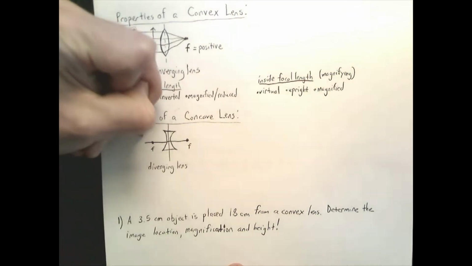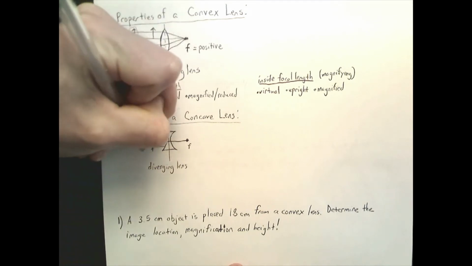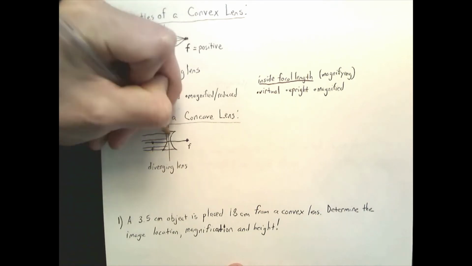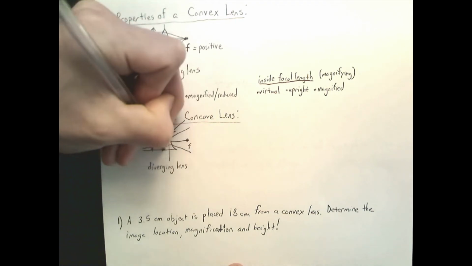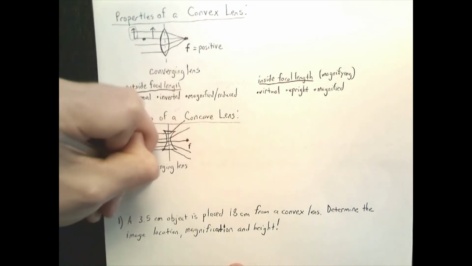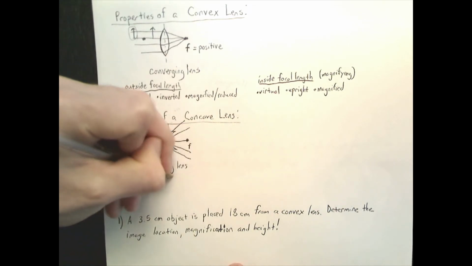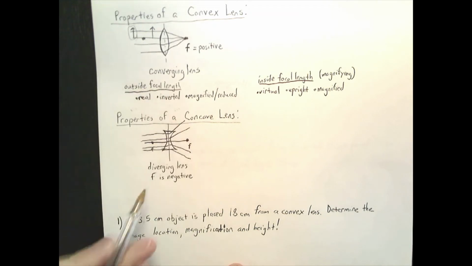The light rays still come in parallel, but instead of converging to point F like they did above, they spread out and get further apart. A diverging lens means that F is negative. So if you have a diverging lens or a concave lens, that automatically means your F value is going to be a negative number of whatever that distance is.